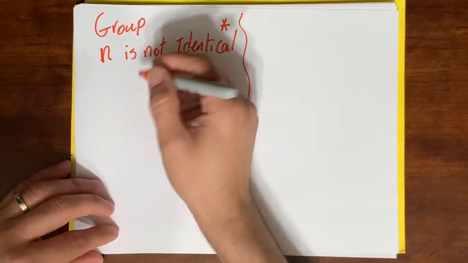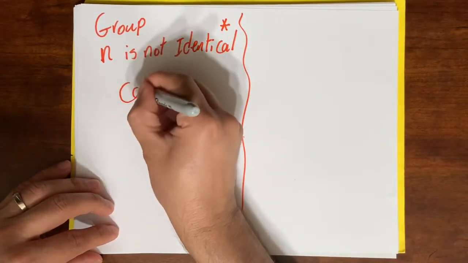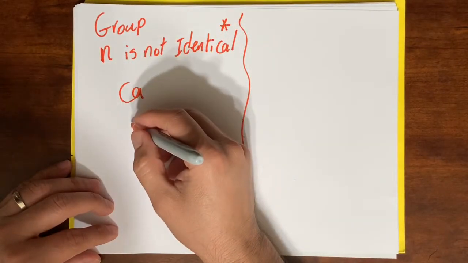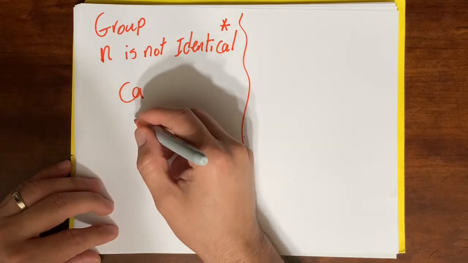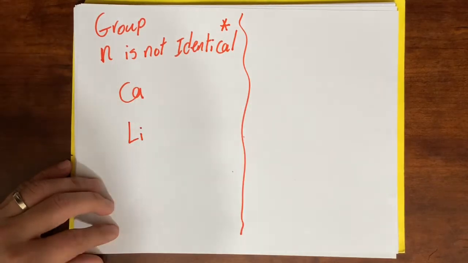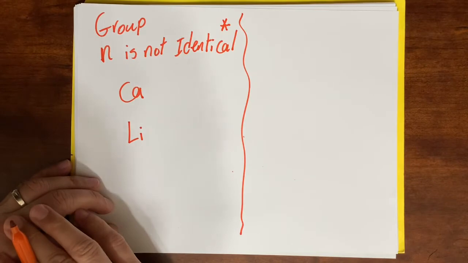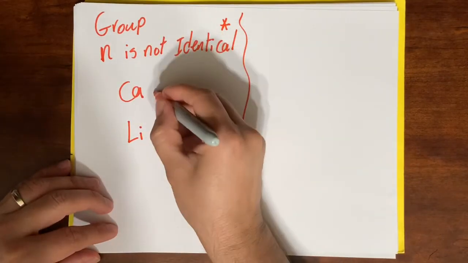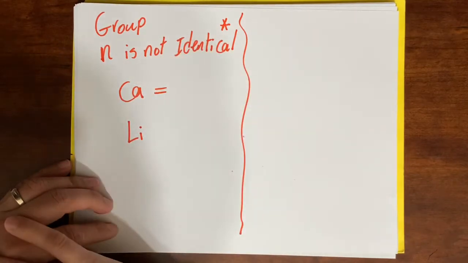So, for example, calcium versus, let's say, an element like lithium, I will assign N for them, and I will judge based on N. What's the N for calcium?